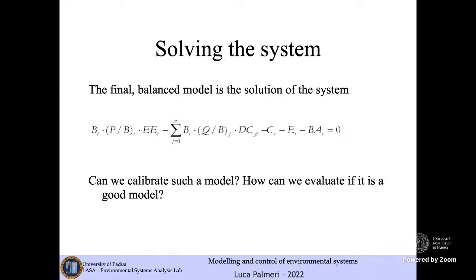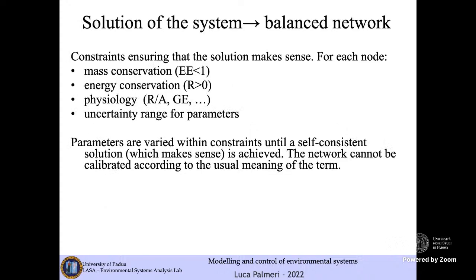When the system is solved, as I told you, the solution of the system is found by leaving the ecotrophic efficiency parameter free. And what we do is that we find several solutions for a balanced network, and we extract from the whole pool of solutions those networks that respect some kind of constraints that we may call ecological constraints.